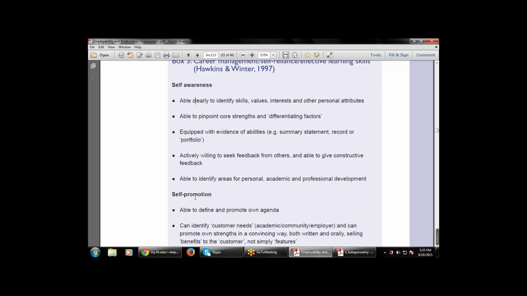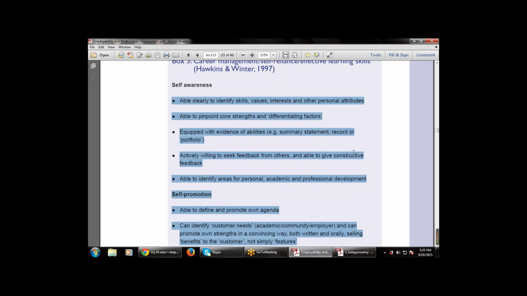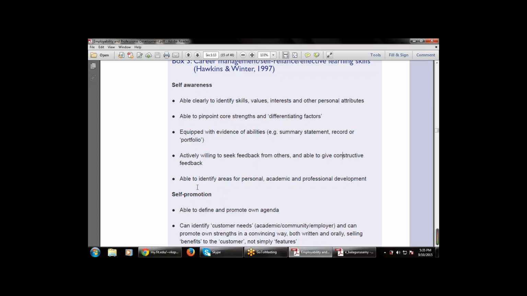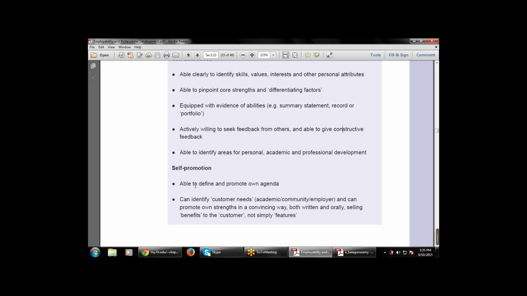Next is self promotion. So one is self awareness, these are the various outcomes, the effective learning skills. Next is self promotion, that is how to promote themselves. First, able to define and promote their own agenda.